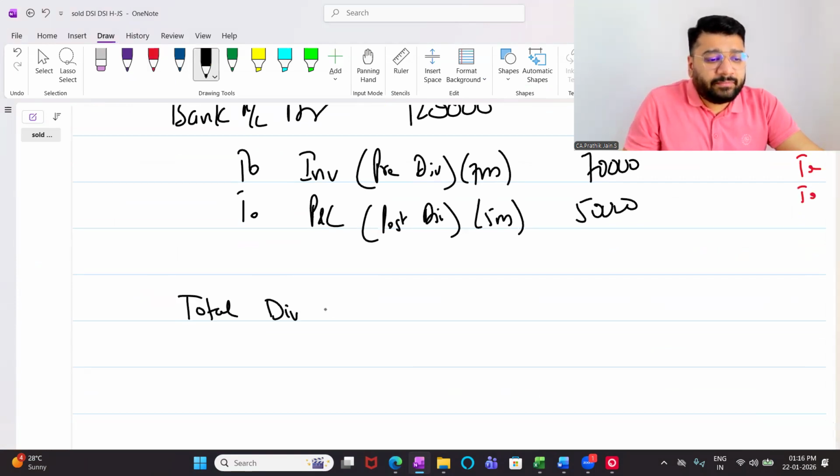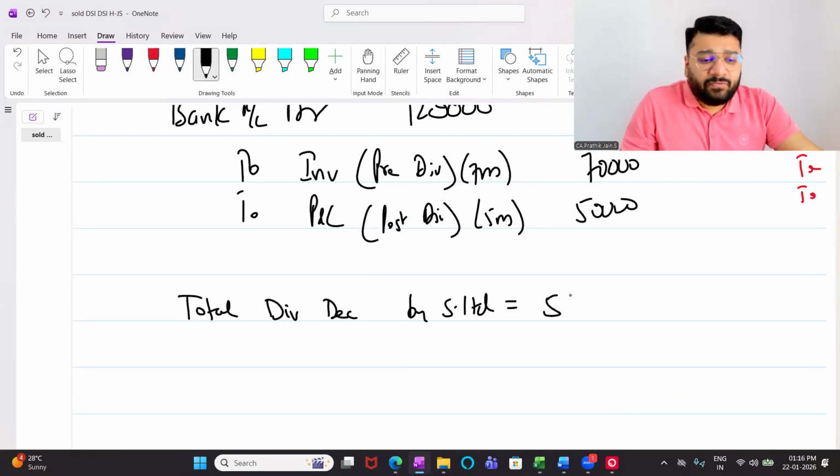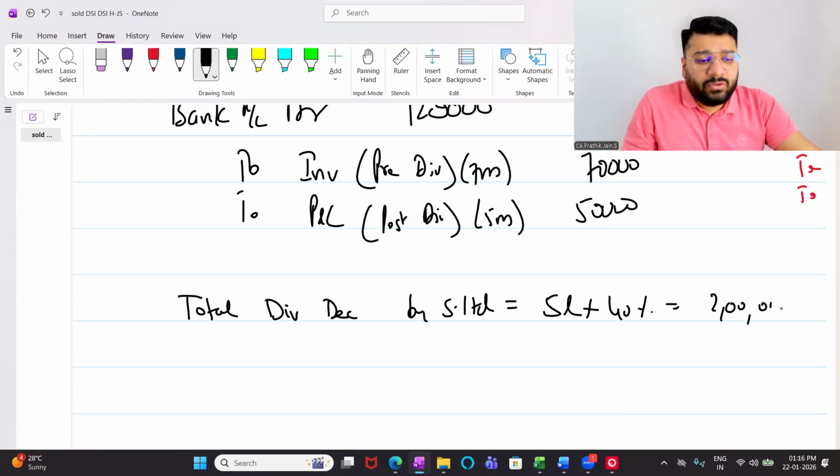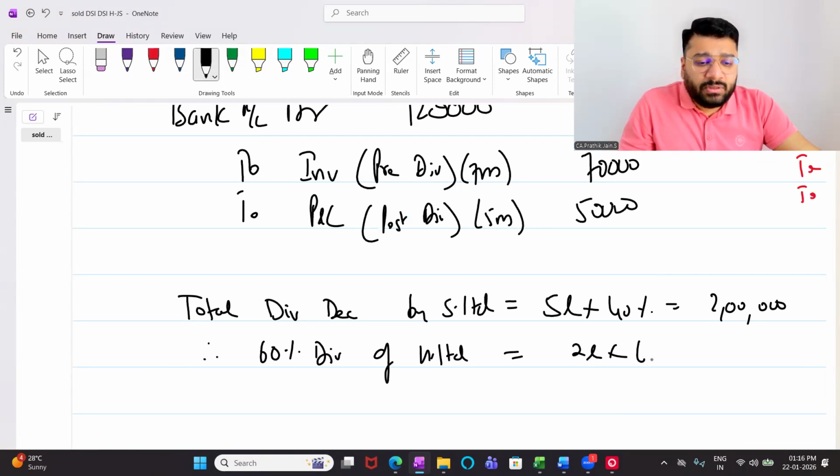Total dividend declared by S Limited is how much? 5 lakh into 40%, how much is it? 2 lakhs. Of that, 60% is ours. The 60% dividend of H Limited is equal to 2 lakh into 60%.